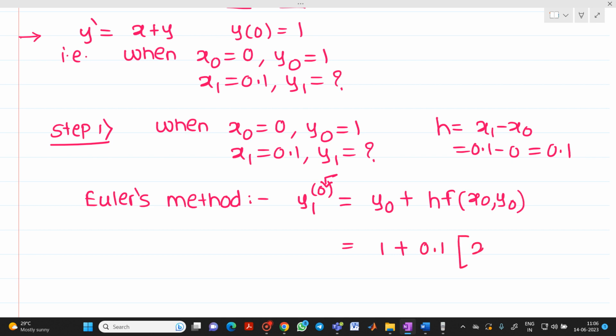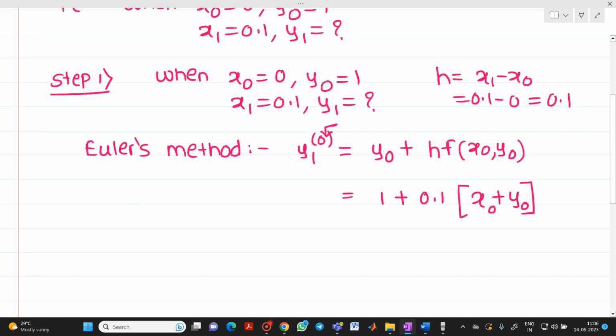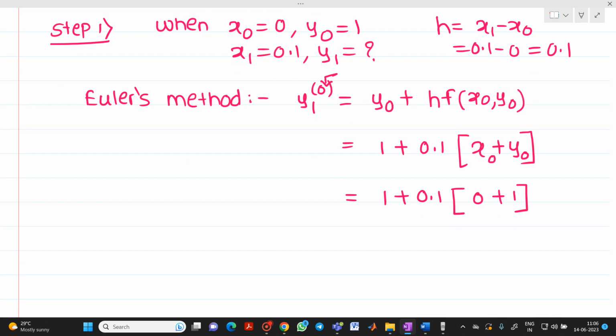What is your given function? x + y. And here you have to put x = x0 and y = y0. So 1 + 0.1, x0 will be 0, y0 will be equal to 1. What you will get is y1(0) = 1.1. So here we have used this predictor formula.